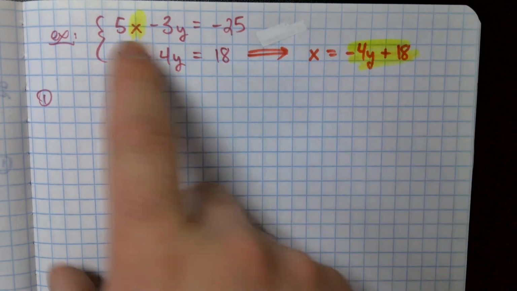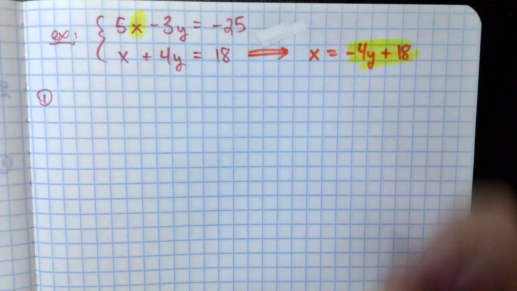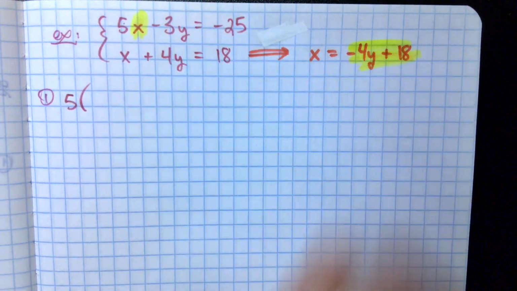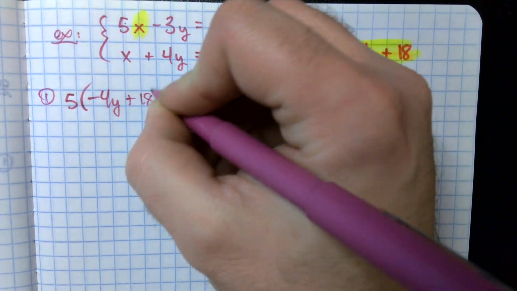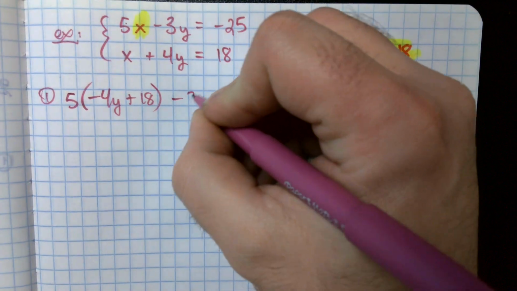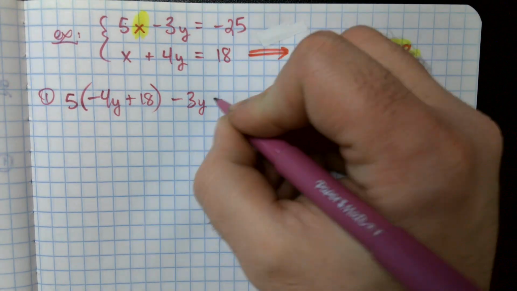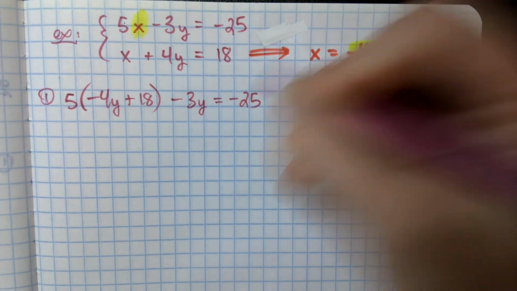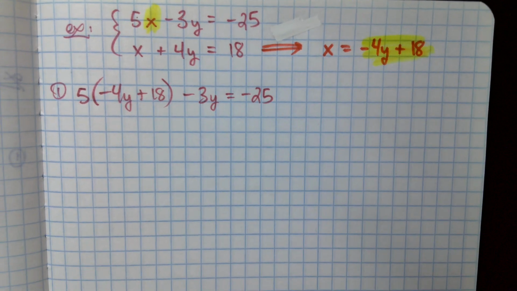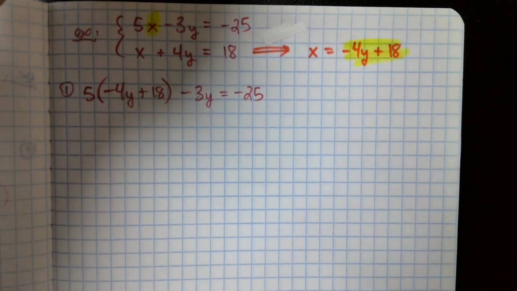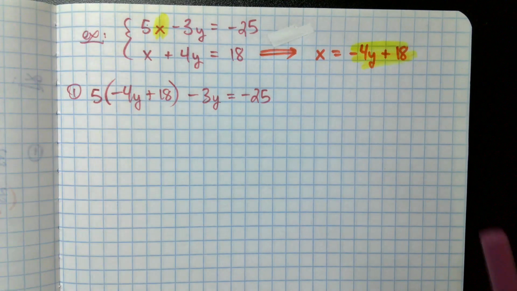X equals this. So my first equation turns into 5 times the quantity of negative 4y plus 18 minus 3y equals negative 25. Take it away.